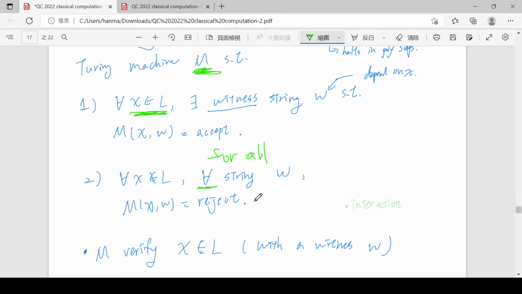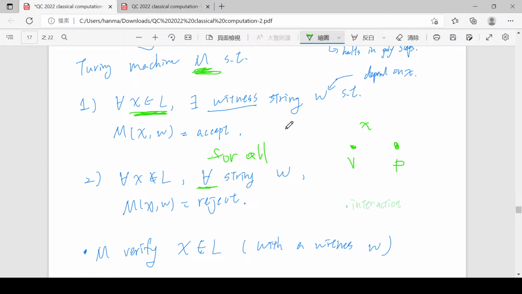And so we can think of this in some kind of interaction model. When you have an NP problem, let's say you want to solve an X instance, there is a verifier and there is a prover, and the prover is very powerful.